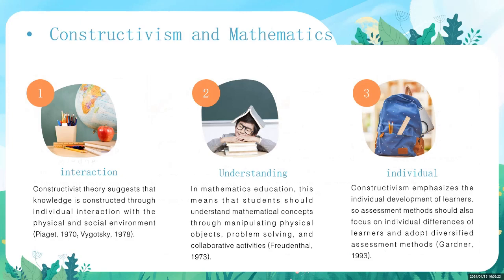In mathematics education, constructivism means that students should understand mathematical concepts through manipulating physical objects, problem solving, and collaborative activities. And for the differences between the students, we may adopt diversified assessment methods.